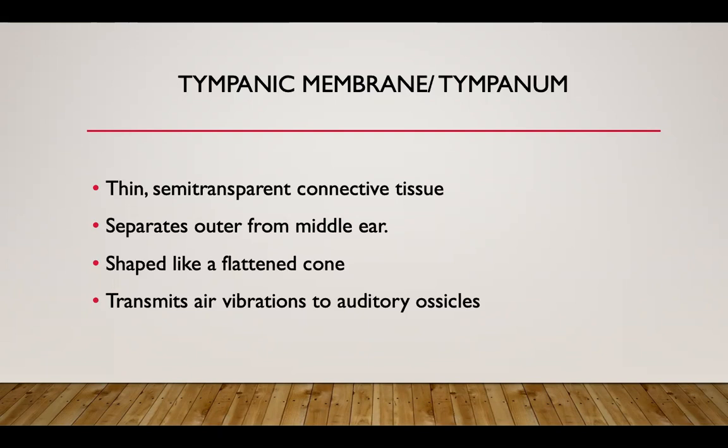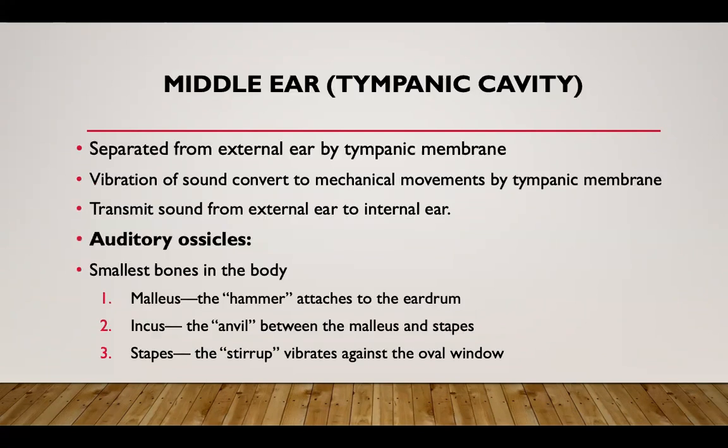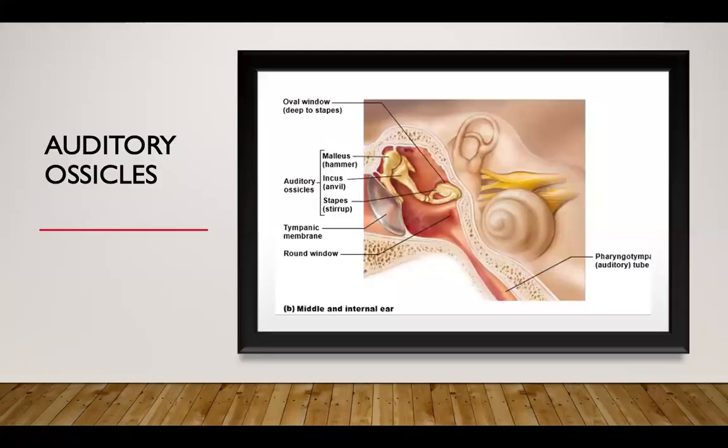And those vibrations are passed down to the three middle ear bones, or your ossicles, and again transferred forward toward your inner ear. To visualize the middle ear, remember that again, it is made up of three bones. Here is your tympanic membrane, and here are the three bones known as the ossicles.